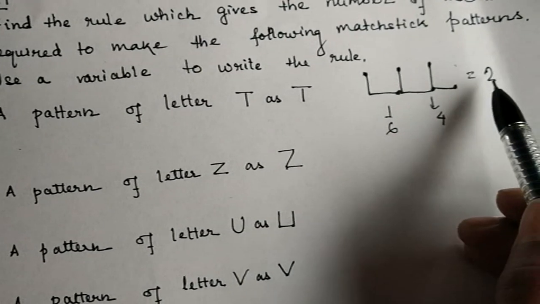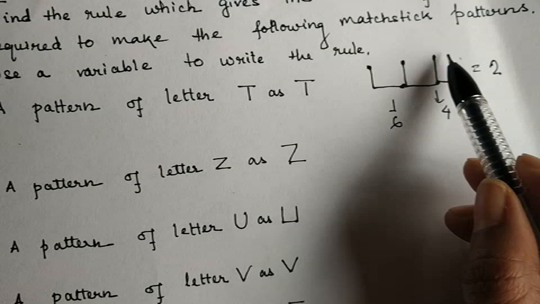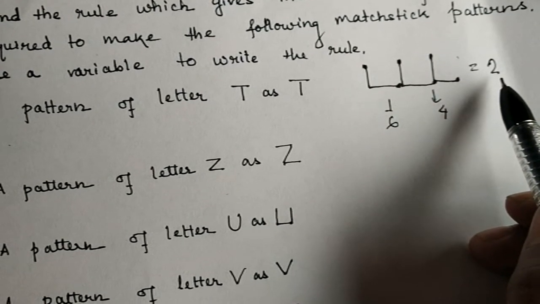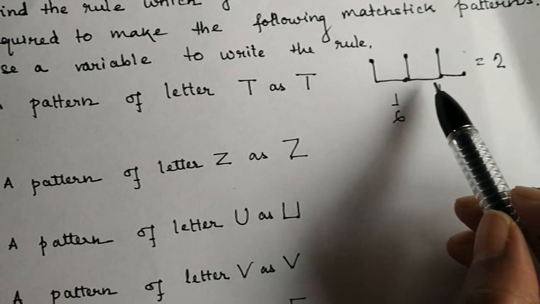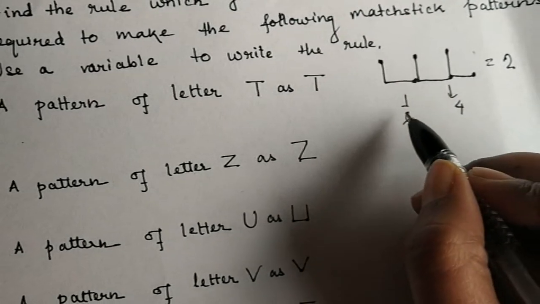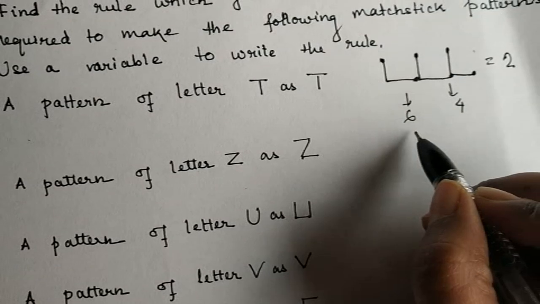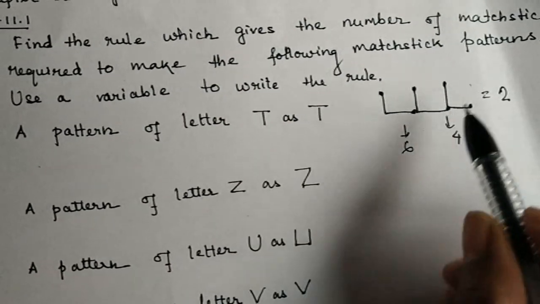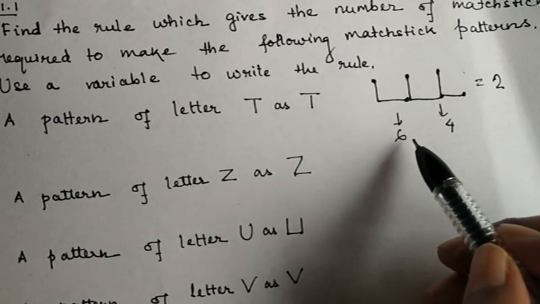See here, when I have taken 1 L, mastics used are 2. When I have taken 2 L, mastics used are 4. When I have taken 3 L, mastics used are 6. So every time it is increasing by 2.